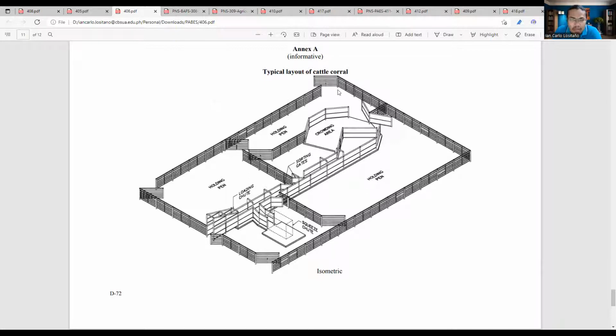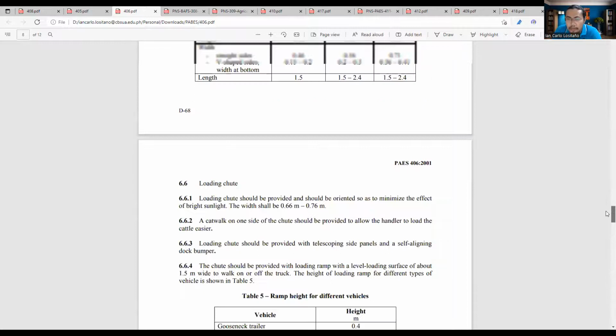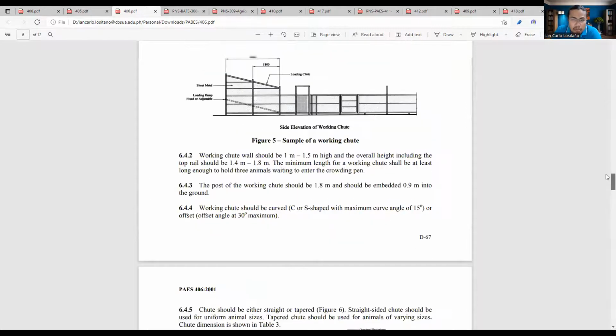So the animals are grazed outside the structure, and then they are herded towards this ranch, so that they are taken from this location to the animal shed where they are supposed to stay during the night, for example.